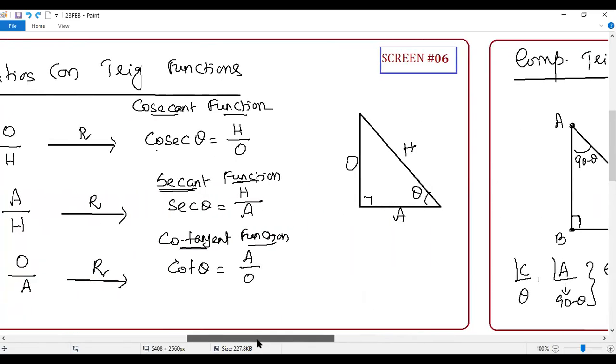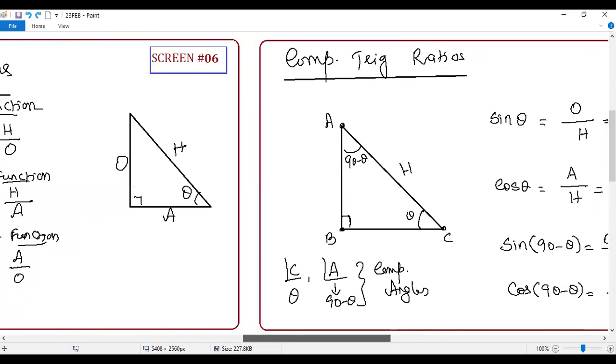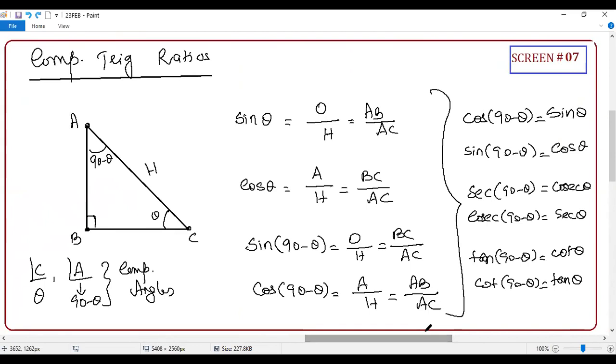Many students will get confused with reciprocal. Sine reciprocal is cosec. Sine is complementary to what? Cos, not cosec. Some students will get confused: sir, sine complementary is cosec? No, sine reciprocal is cosec. Sine complementary is cos.